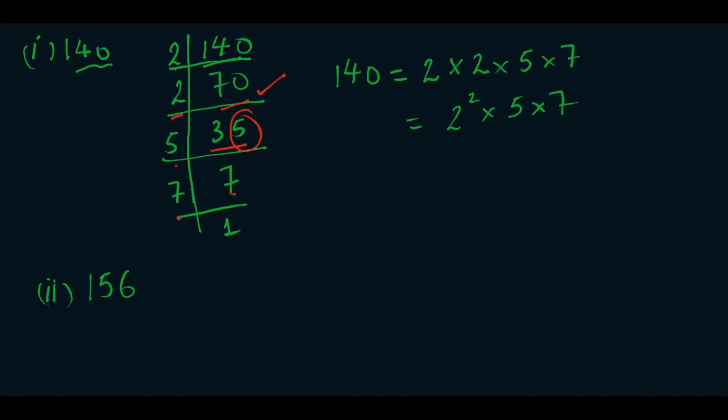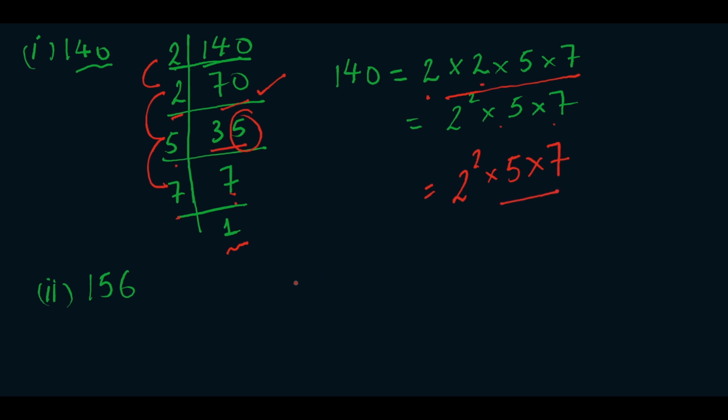The remaining is 7. After dividing by 7 you get 1 because 7 is a prime number. So the prime factorization is 2 multiplied by 2 multiplied by 5 multiplied by 7. Now 2 repeats 2 times, so we write 2 to the power 2 multiplied by 5 multiplied by 7. So it is 2 square multiplied by 5 multiplied by 7.